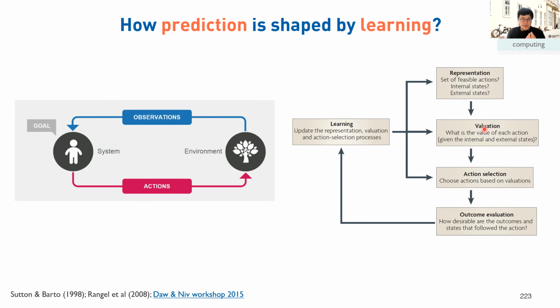In the beginning, maybe you don't know because they're identical, but through learning, you will gradually find out one is better and the other is not so good. So that is the valuation, or evaluation, or prediction. You predict which is better. And prediction doesn't mean you actually choose it.